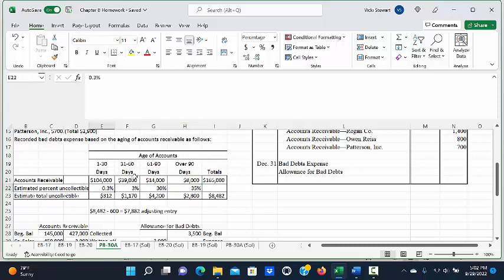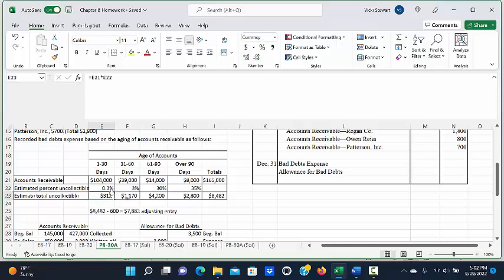Then the problem gave us the estimated percent uncollectible for each of these categories. So 0.3% for 1 to 30 days, 3% for 31 to 60, 30% for 61 to 90, and 35% for over 90 days. So to determine the estimated total uncollectible, we multiply the accounts receivables in each category by the estimated percent uncollectible.